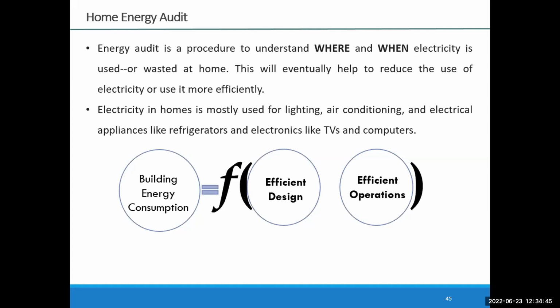In the present context, we are concentrating on home energy assessment, and electricity is the major kind of energy used to power household appliances, like lighting, air conditioning, refrigerators, and electronic appliances like TVs and computers. The mathematical form of energy consumption is a function of energy efficient design plus efficient operations, an equation to define the energy consumption of a building.